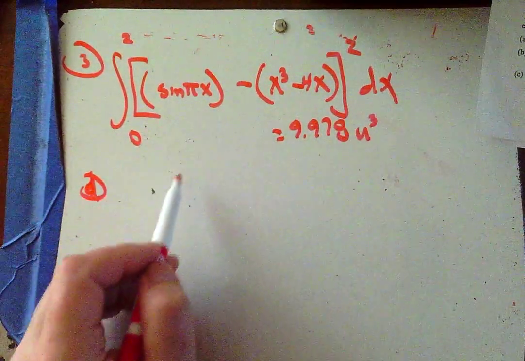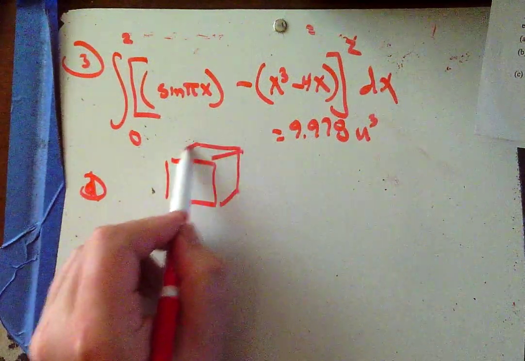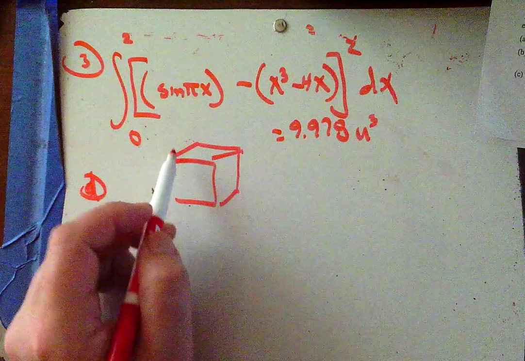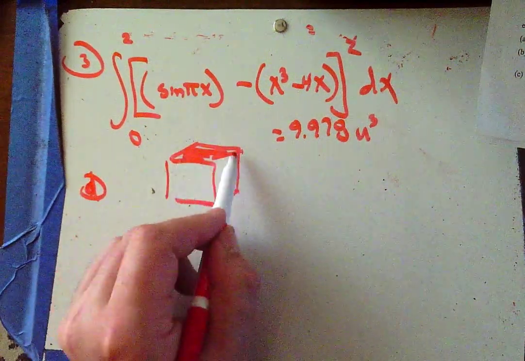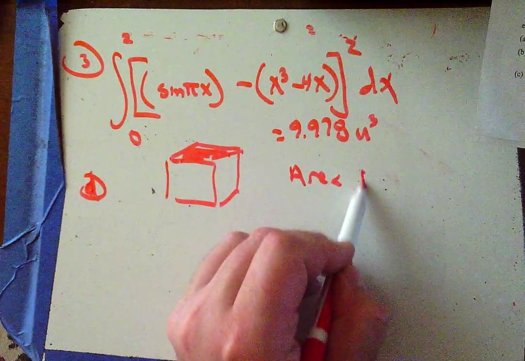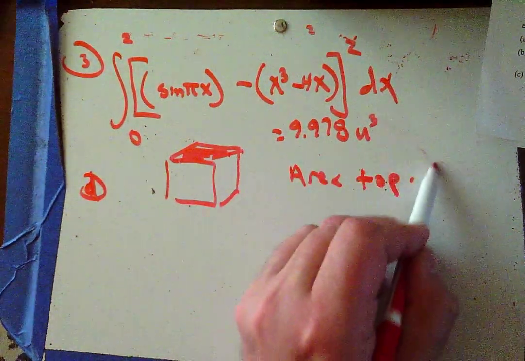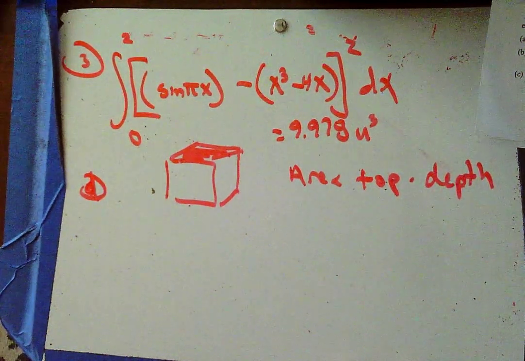Well, if we thought about a simpler shape, like this cube, we would know that the volume of this cube is length times width. That's the area of the top times the depth. So that's what I'm thinking about here.